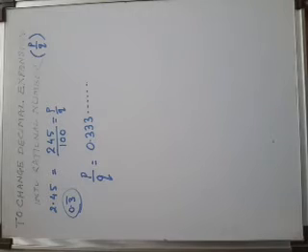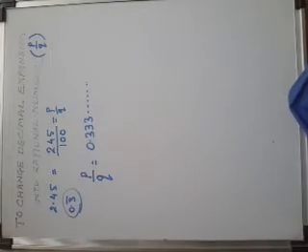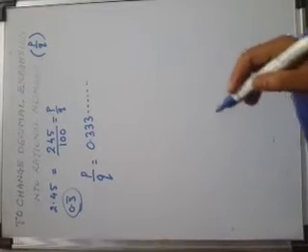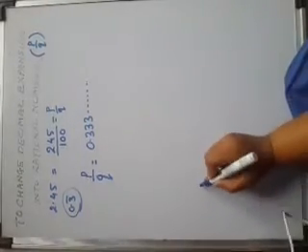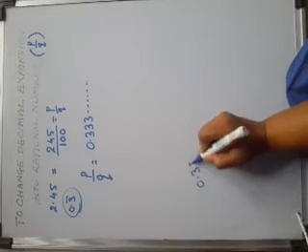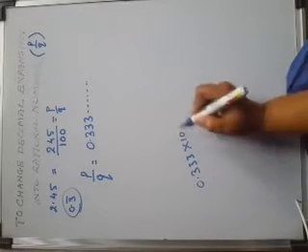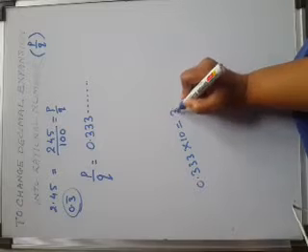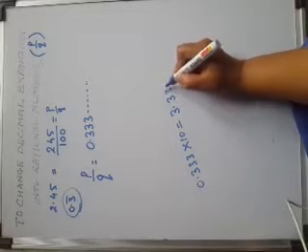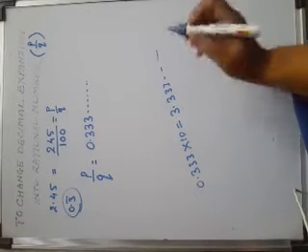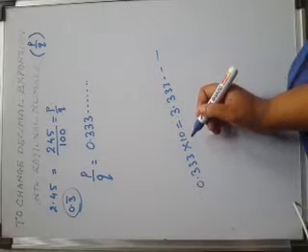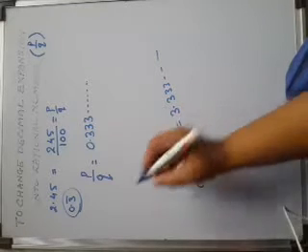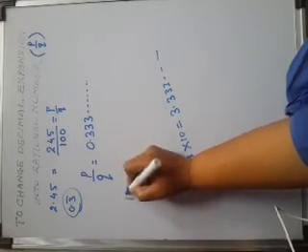Now what we will do is, if we multiply by 10 on both the sides, what will happen? Suppose we multiply 0.3333 by 10, it comes out to be 3.3333 and so on. It will continue like this. So let us multiply by 10 on both the sides.